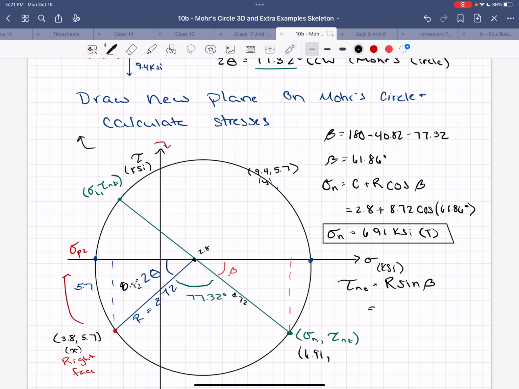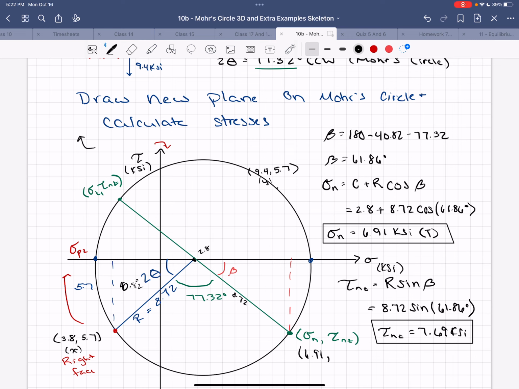So this is 8.72 times the sine of 61.86 degrees. So we get tau nt, the shear stress in the normal tangent plane, equals 7.69 KSI. Look at us go.